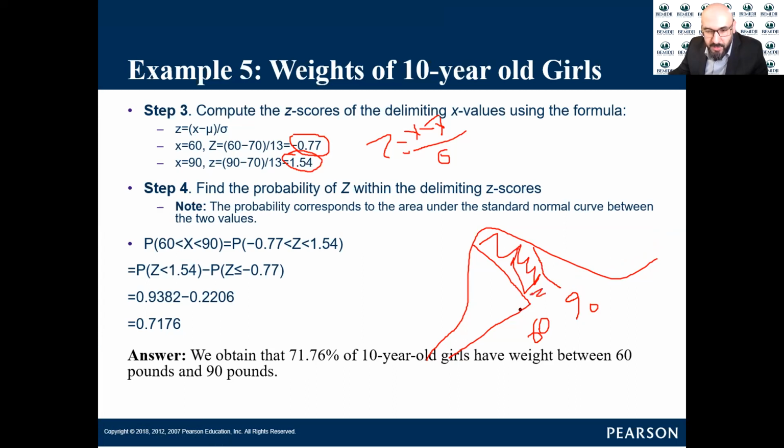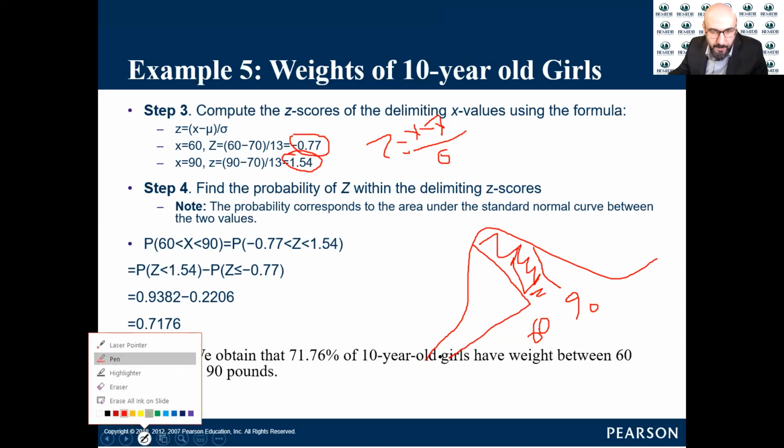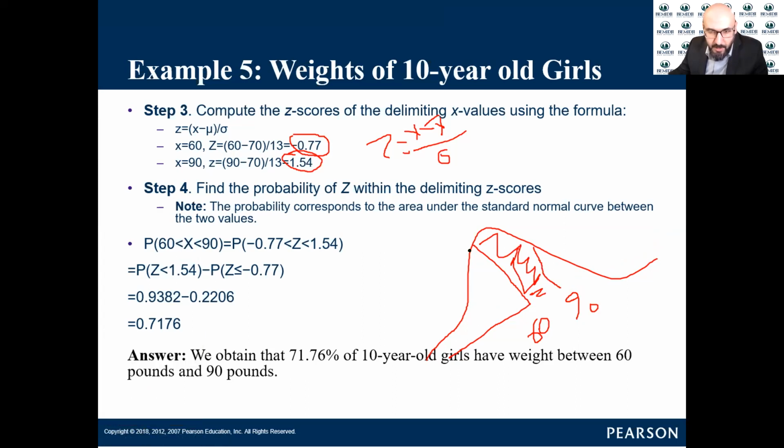Okay, we found out that the area from here to here, I'm going to use a different color, we find to be 22.06, and from here to here to be 93.82.